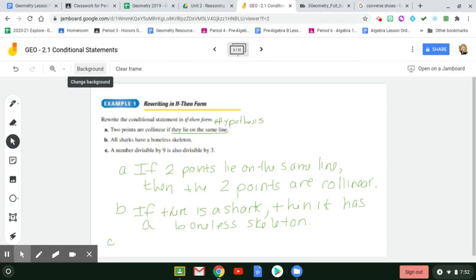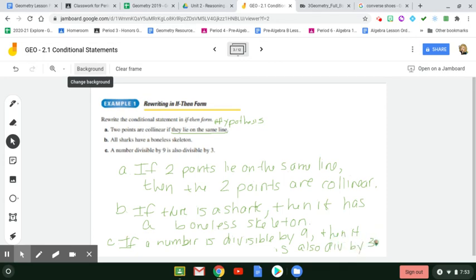So I'm going to say, if a number is divisible by 9, then it is also divisible by 3.